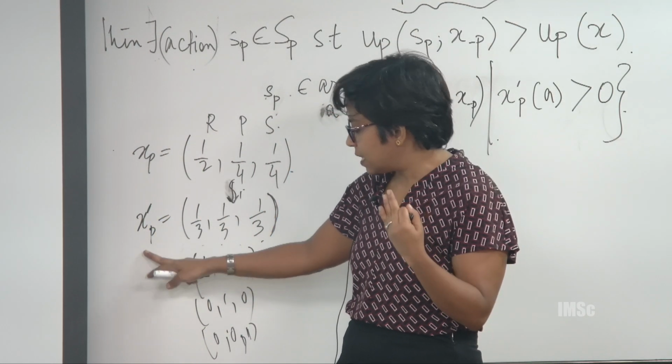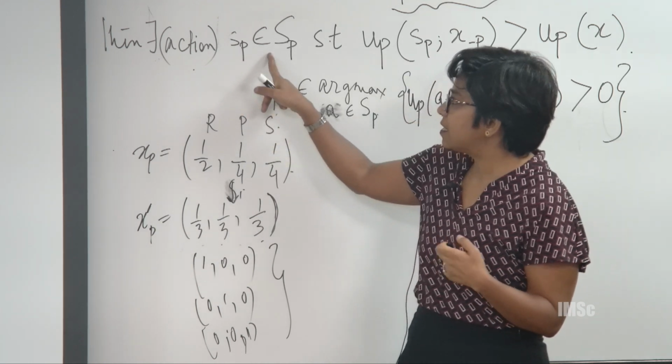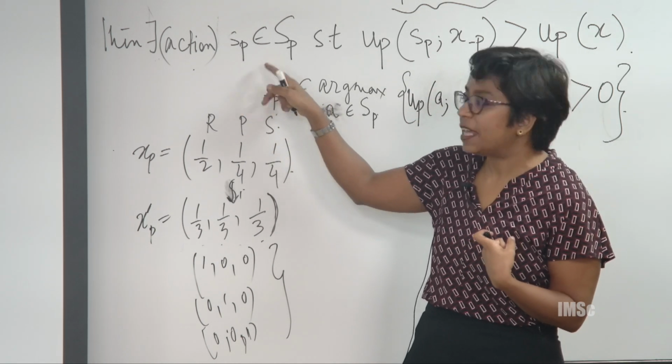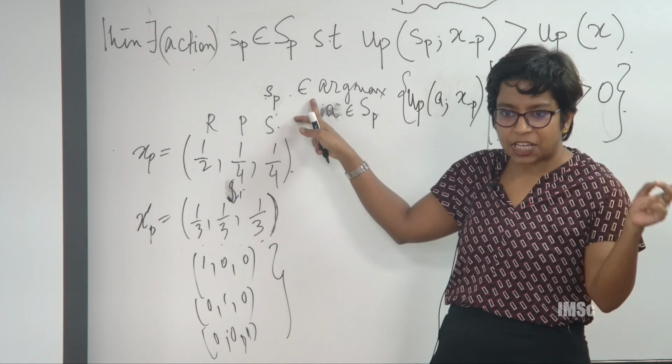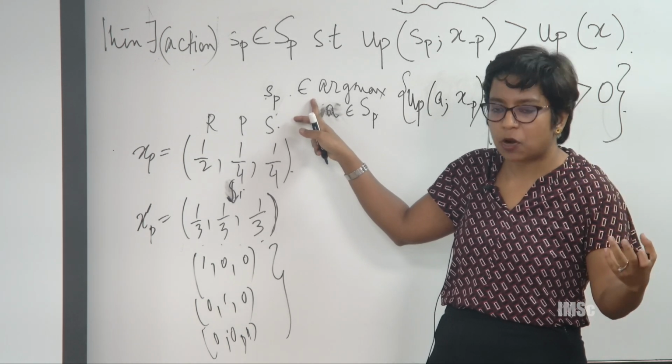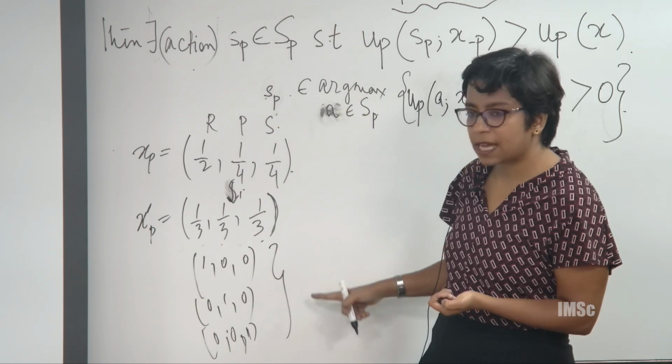Yes, if XP was not a Nash equilibrium, x prime p was giving a strictly better outcome. We will see that playing any one of these pure strategies, this is why I made this into a set element. There can be multiple better actions you can play that will give you a strictly better outcome than what you were getting under X. So this is that case.